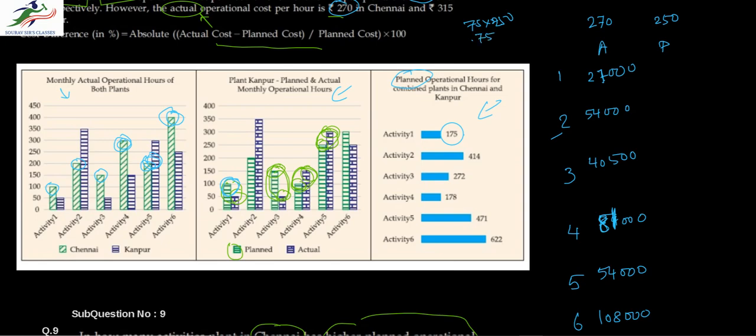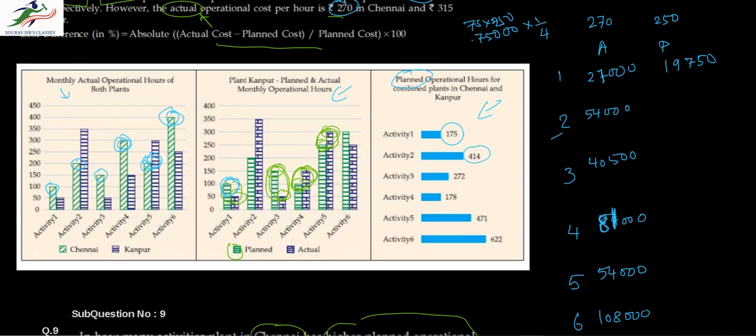So we can write this as 750 into 1000, so 75,000 into 0.25, which is 1/4. So I just divide 75,000 by 4 to get the value. So this would be 18750. So that's the value for the planned one for activity 1.